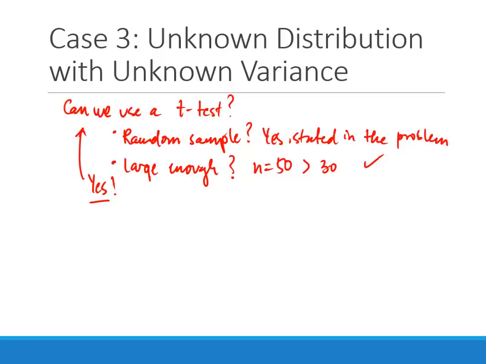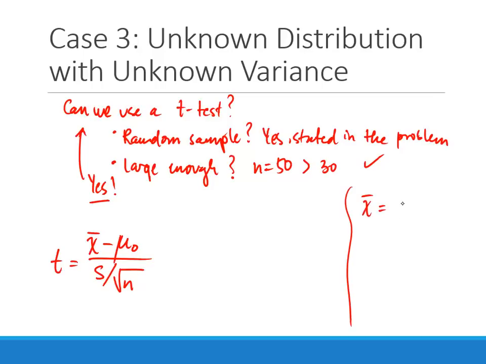Okay, so then we want to calculate our test statistic. We want to calculate our test statistic t, which again is x bar minus mu 0, our hypothesized value, divided by the sample standard deviation over the square root of the sample size. So our sample mean, we're told in the problem, is 3.05.